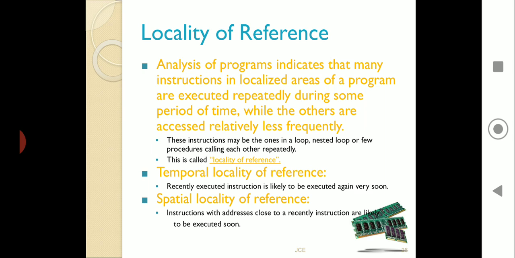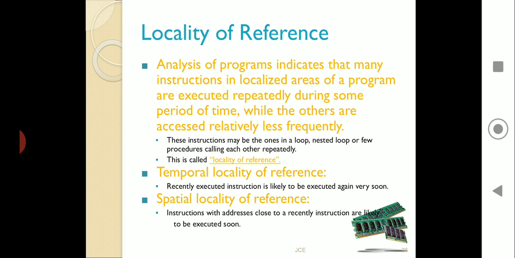Using these two concepts, we will try to get locality of reference. What do you mean by temporal locality? Temporal means recently referenced memory, which is referenced again and again, and the execution should be very soon. That is your temporal reference.